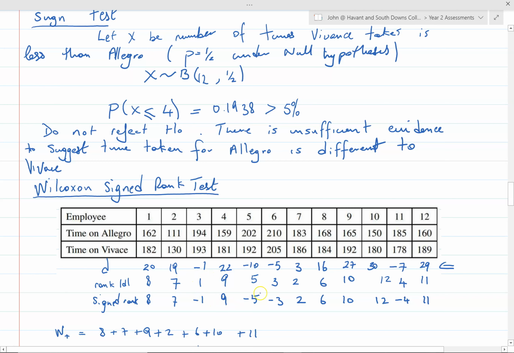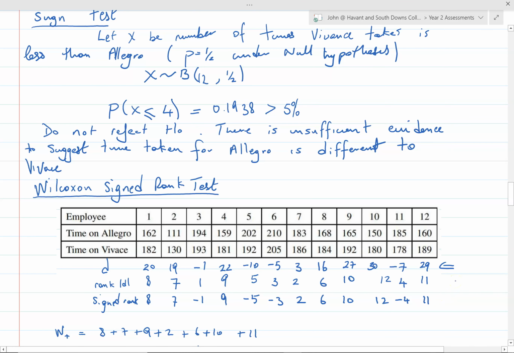And employee 7, the difference is only 3, so that's the next smallest. And for employee 6, the difference is 5. Yes, it's the other way round. It's less than, but we can still call that the absolute rank. The absolute difference is 5, so that's the third smallest.